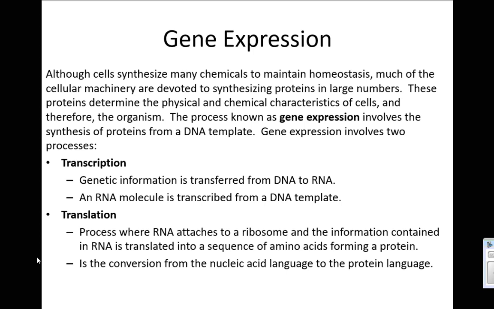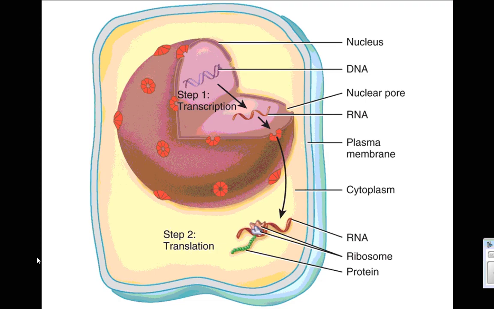Hey, I like that last sentence there because it kind of helps tie that in. Conversion from the nucleic acid language to the protein language is another way to describe translation. Transcription takes place, like we said, inside the nucleus, thanks to the nucleolus, which is not shown in this image for whatever reason. But we go from that double-stranded DNA to RNA.